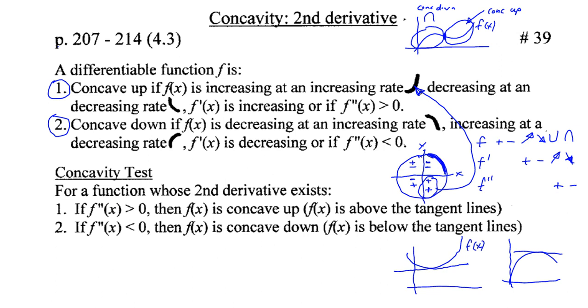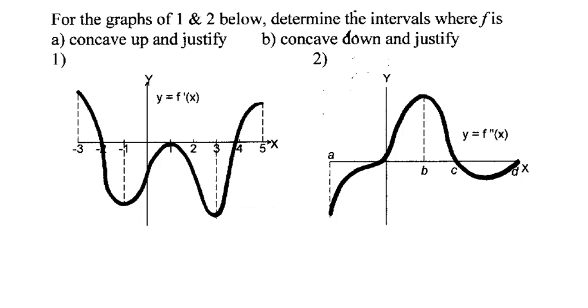Okay, let's go over some pieces that are going to help us with the analysis. For the graphs of 1 and 2 below, determine the intervals where f is concave up and justify. And here we have f prime of x. And so I'm going to go ahead and draw the little chart here. In fact, I'm going to draw it in the upper right here. So we're going to put f prime, and f double prime.